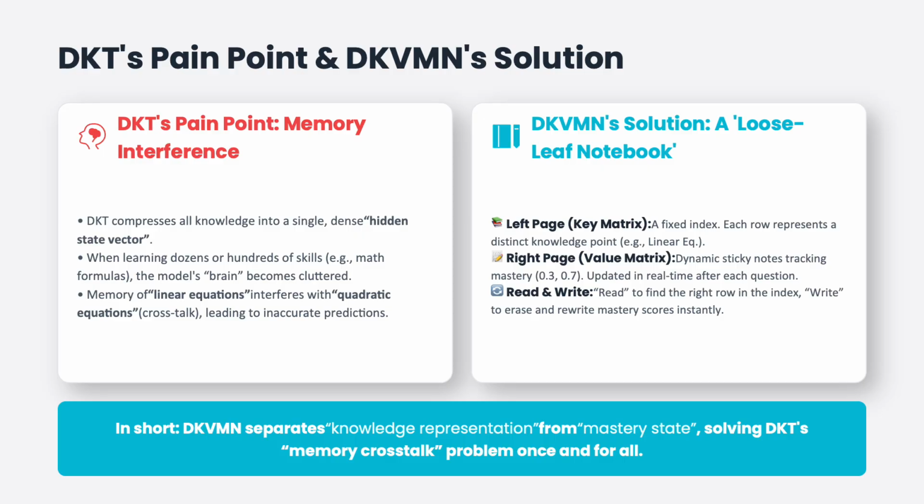This way, knowledge and mastery state are separated. The model can, just like we flip through a book, use read and write operations to accurately find and update a specific knowledge point without affecting other content. This perfectly solves DKT's memory crosstalk problem.